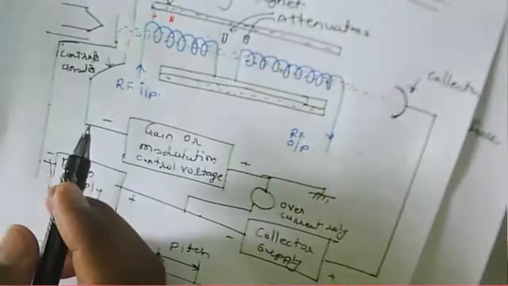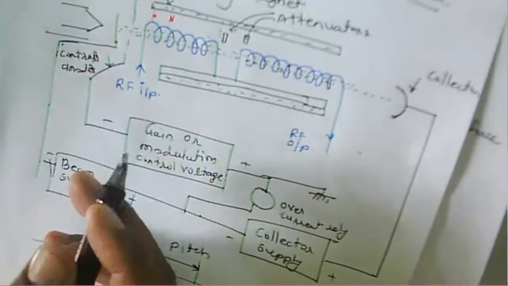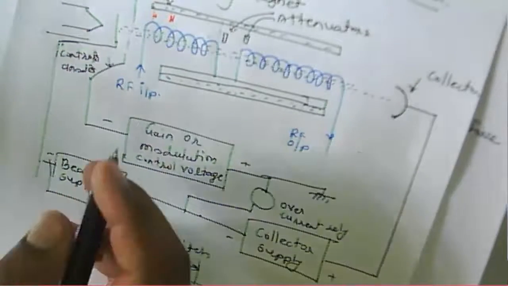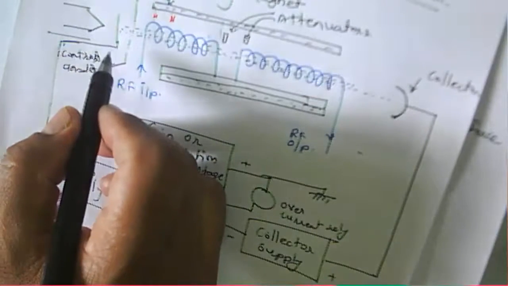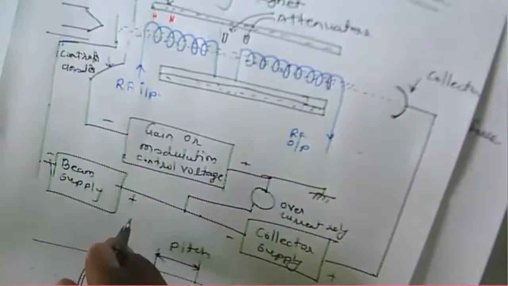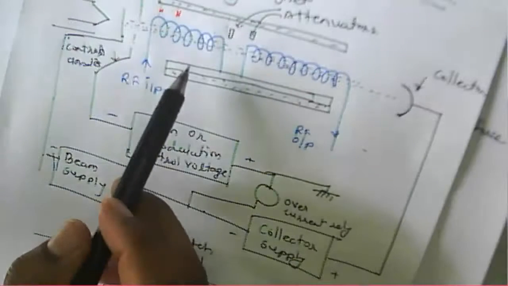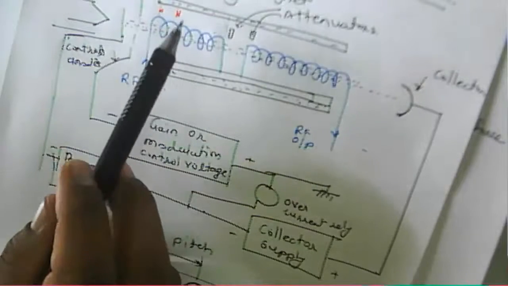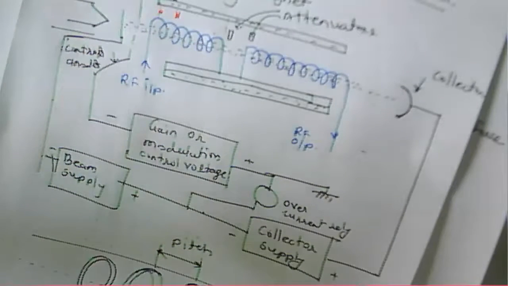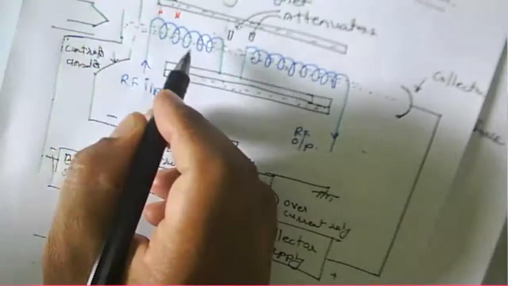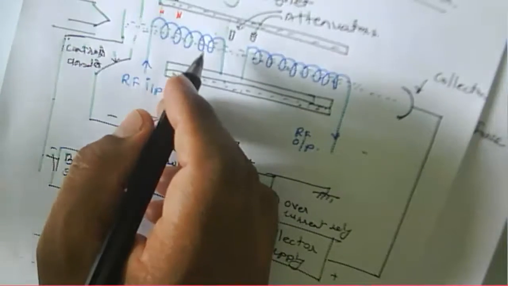But in this traveling wave tube amplifier, the phase velocity is reduced because of the signal propagating through this helix. So remember that as the signal propagates through this slow wave structure, its phase velocity changes.